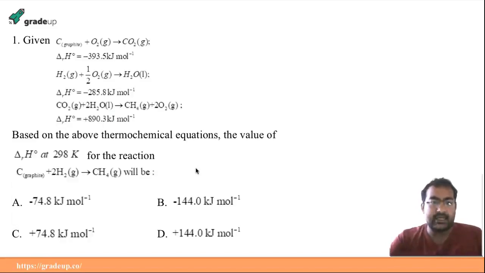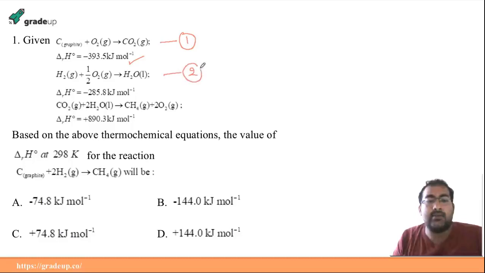It looks like a big question to read, but it's a fairly simple question. You are given a reaction: C graphite reacting with O2 gives CO2, and the heat of the reaction has already been mentioned here. Let me call this reaction number 1, and I'll numerically assign the second reaction a number as well.